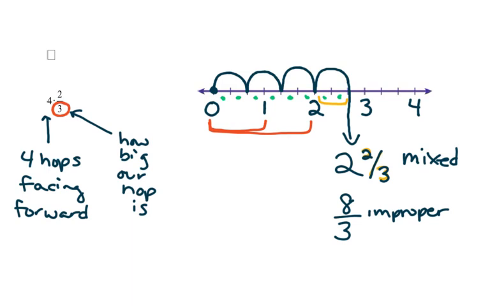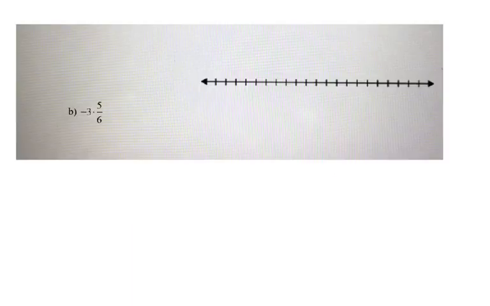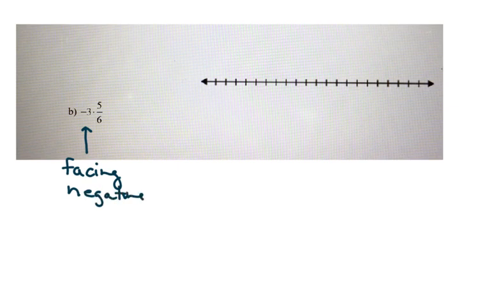In this problem, we have -3 times 5/6. Here we have -3. When the -3 is out front, we are going to be facing in the negative direction.